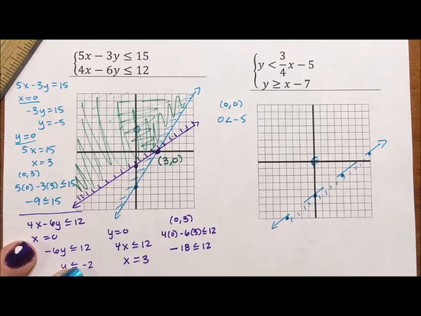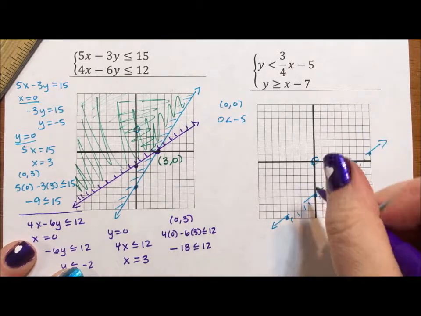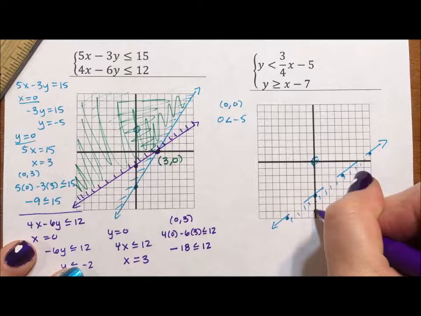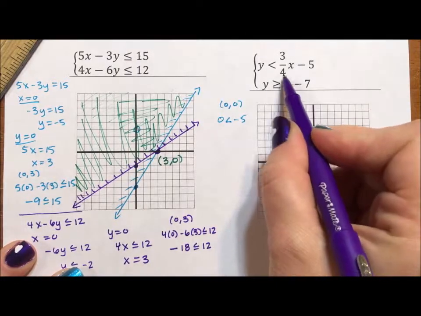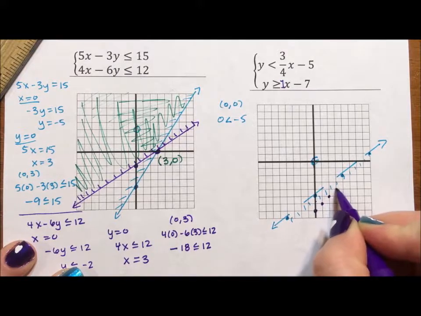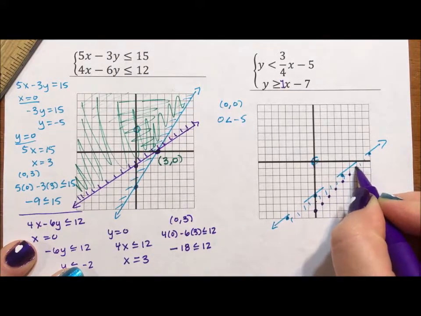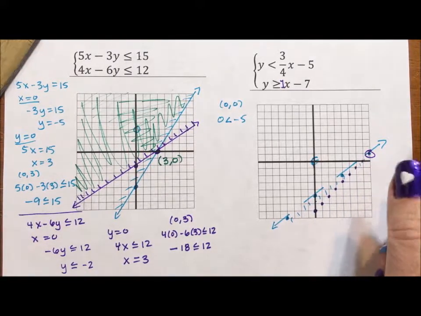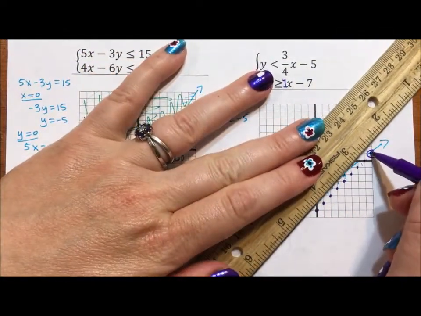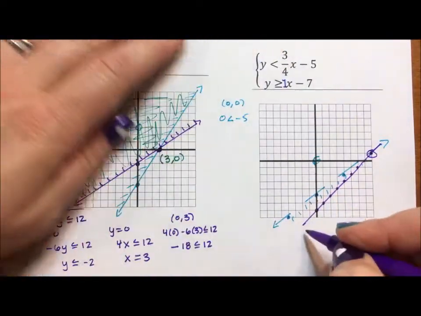For my next line, my y-intercept is negative 7. 1, 2, 3, 4, 5, 6, 7. My slope is 1. Remember, there is an implied 1 here, so 1 over 1, 1 over 1. There it is. It's a solid line this time because of the equal sign.